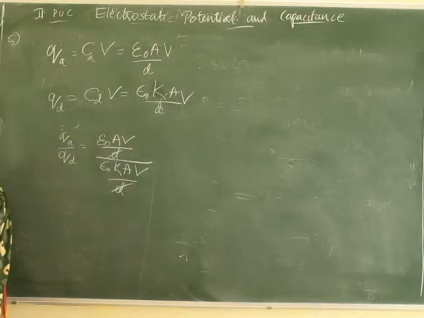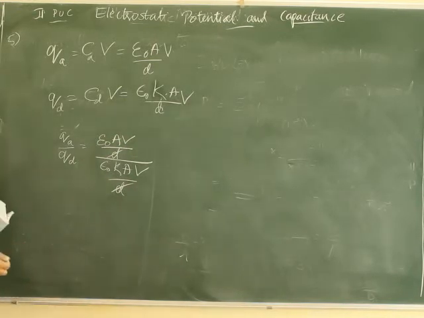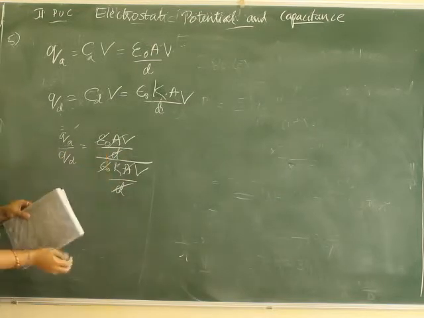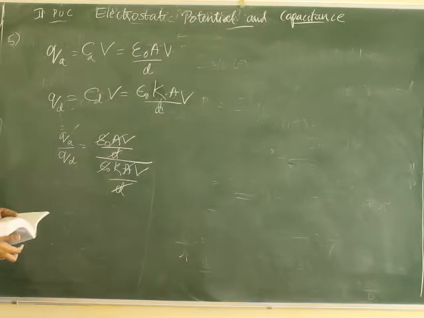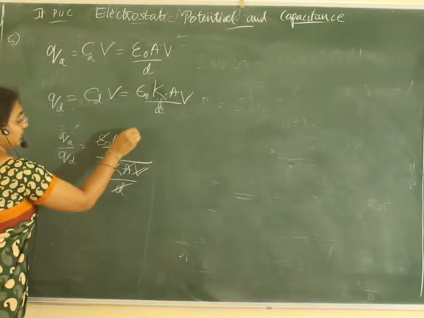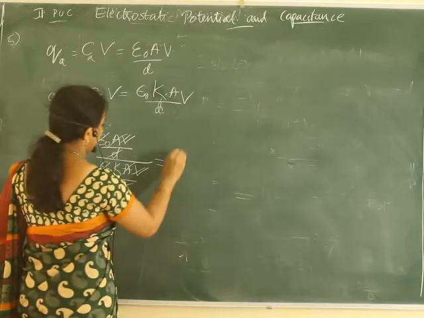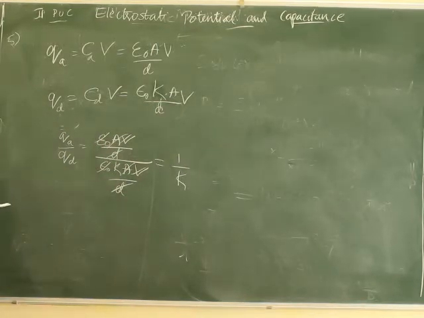We are not changing the distance. Then, whether anything is changed? Is V changed? No changes in V also. So how can we calculate now? What is remaining? QA by QD is equal to 1 by K. You have to calculate K itself.